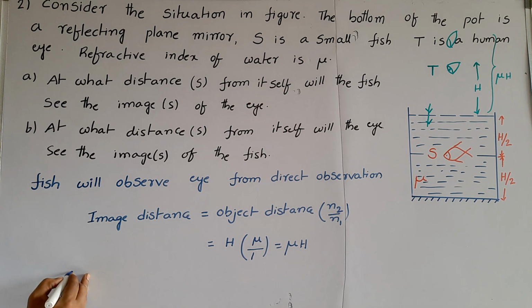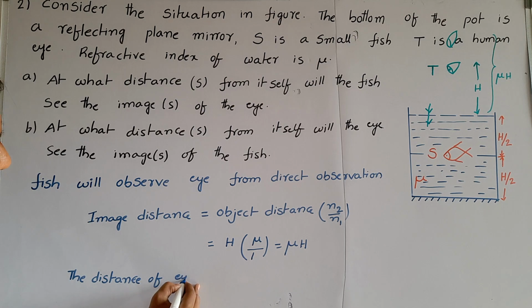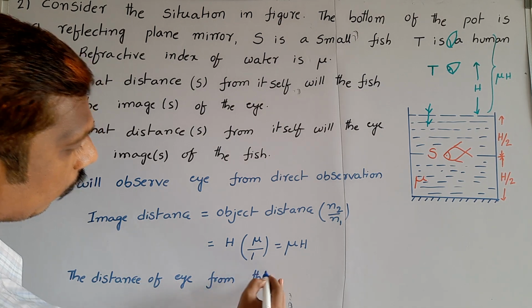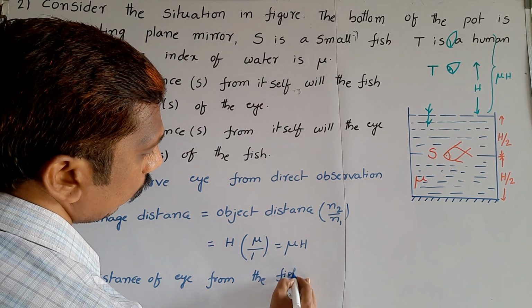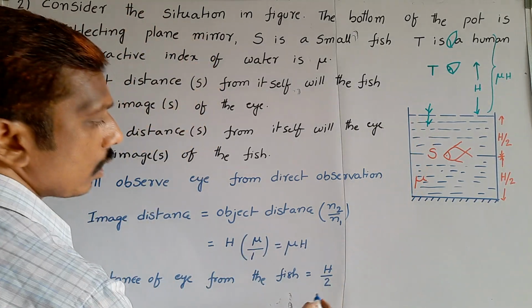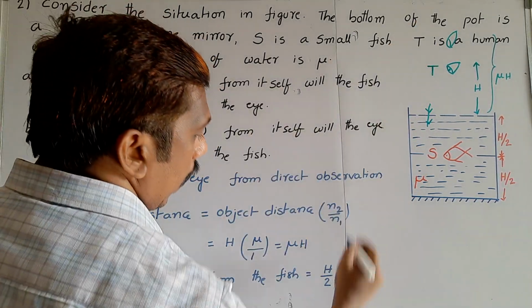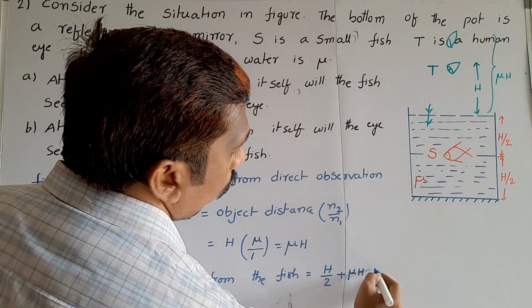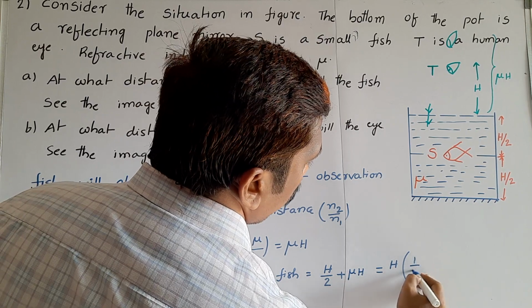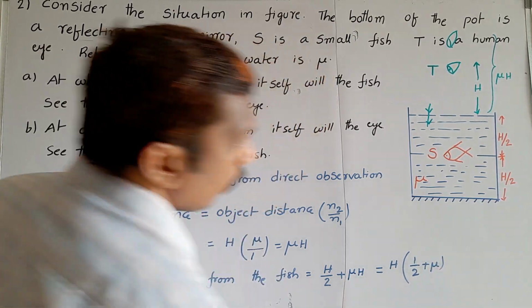From the fish, the distance of the eye is equal to: the fish is at a depth of h by 2 from the water surface and its image is at a height of mu h from the water surface. If you take h common, then we get h times (1 by 2 plus mu).